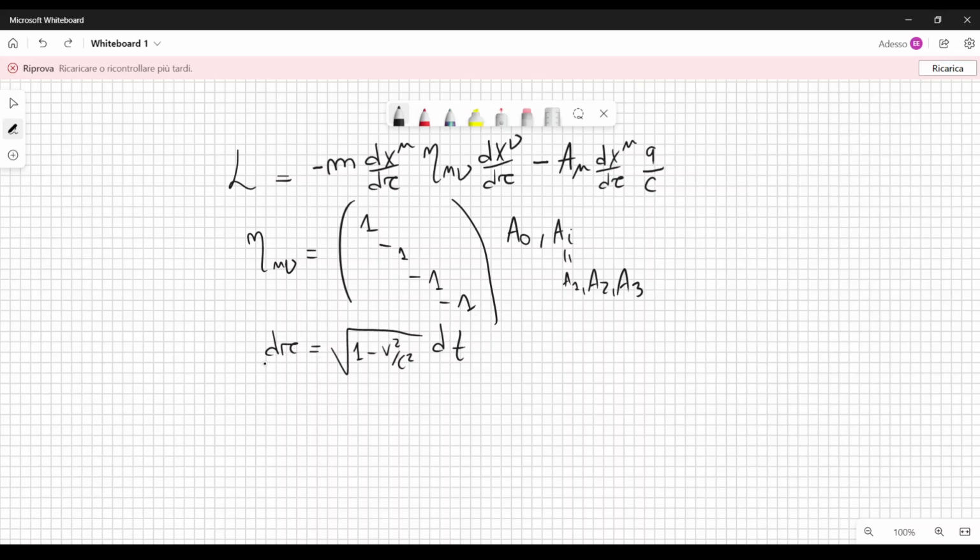And the time that elapses in the moving frame is smaller, it passes more slowly than the time that elapses in the non-moving frame. You can see that this quantity here is less than 1.